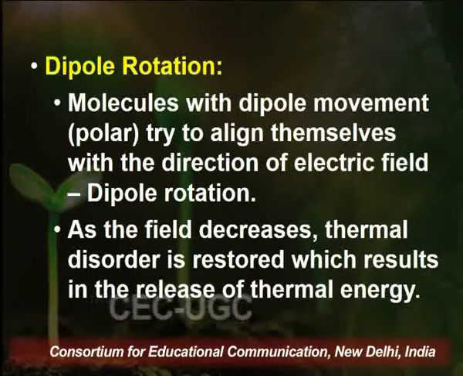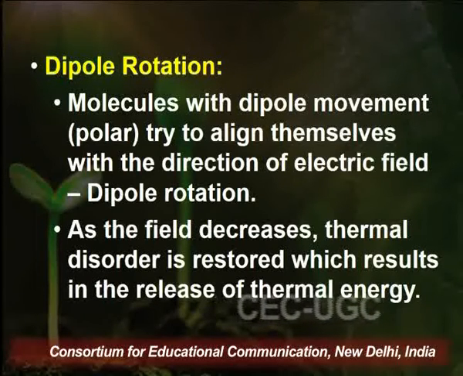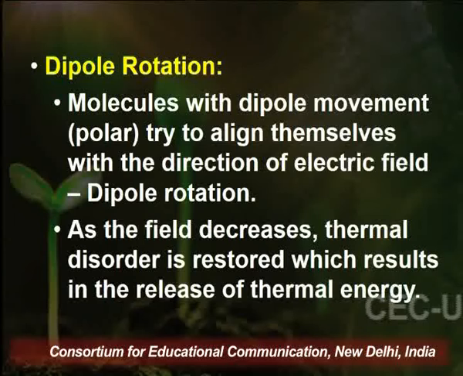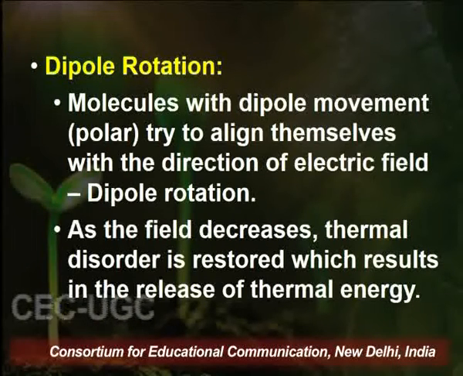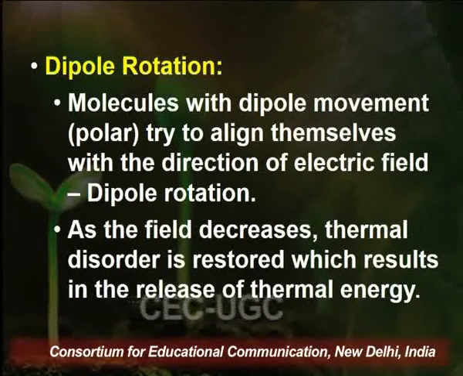Now, since these are waves, there will be certain phases where there will be a decrease in the strength of the field followed by an increase in the strength of the field. Whenever the strength of the field decreases, the thermal disorder is restored.